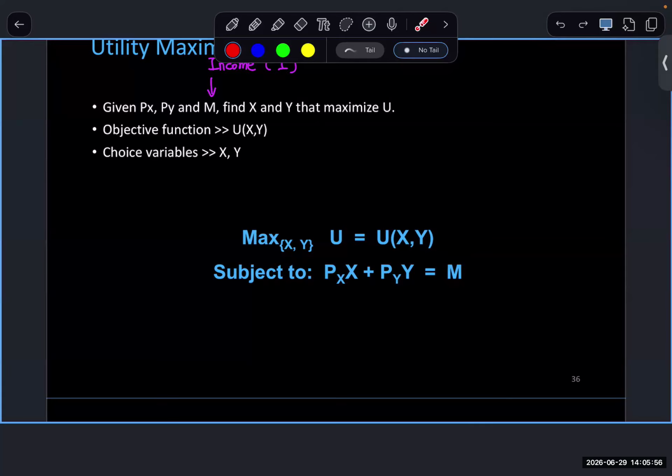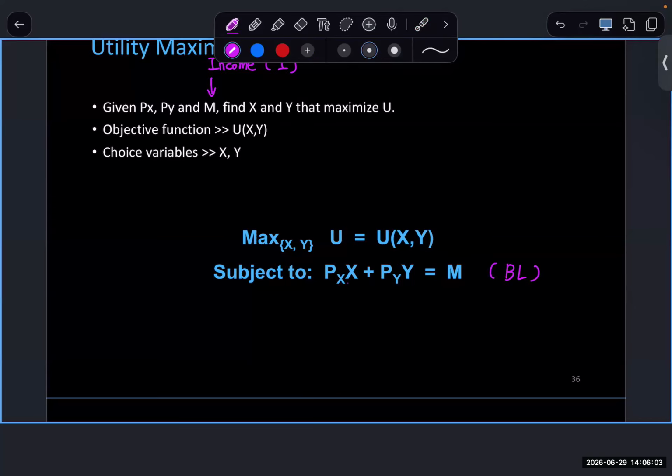This is your budget line: price of X times X plus price of Y times Y equals M. M here means income. So if we write it this way, how can we solve it?